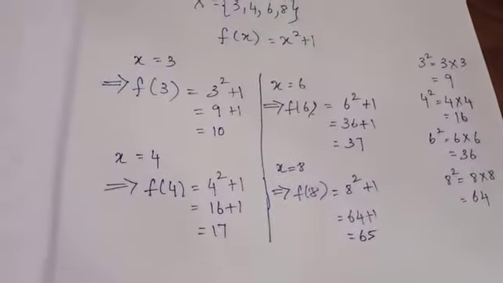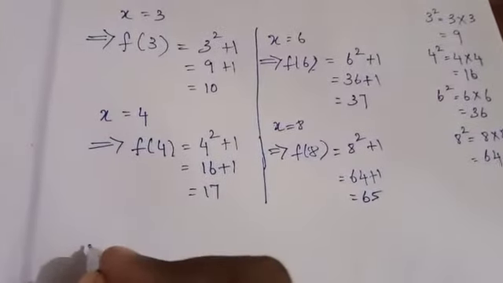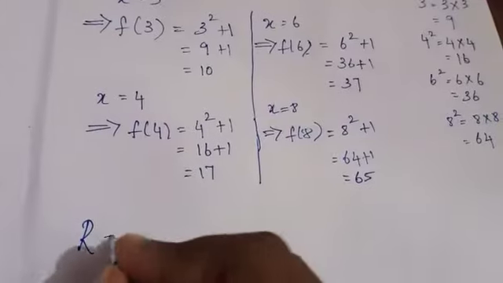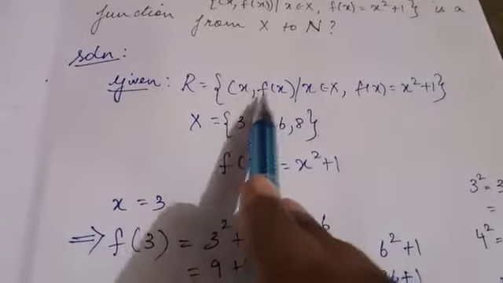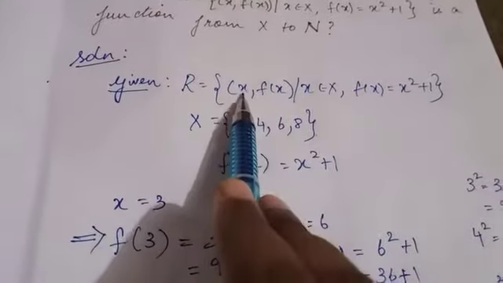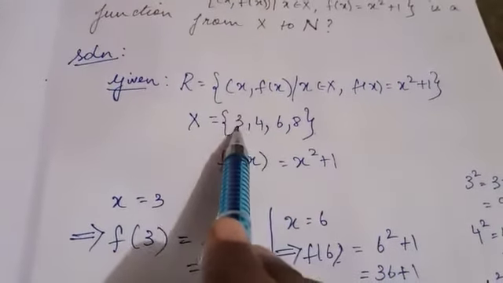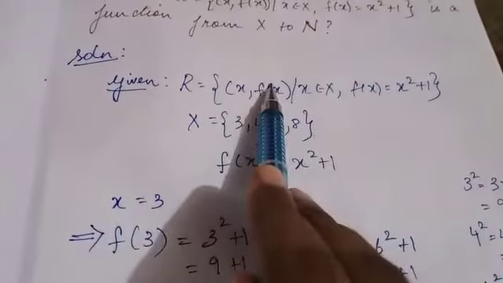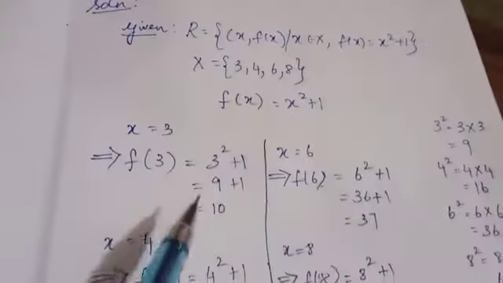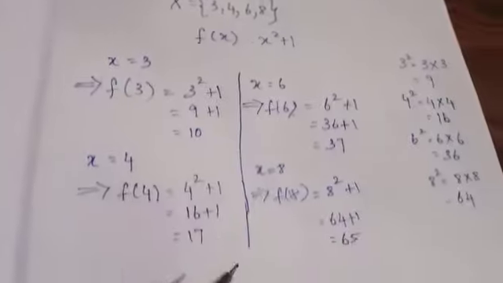Now we'll write the relation. R is equal to, how we have to write? (x, f(x)). So the first element in the ordered pair is the value of x, and the second element in the ordered pair is the value of f(x) which we have found.